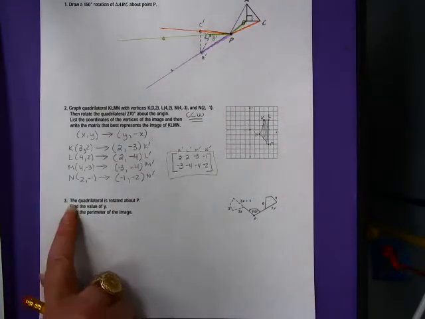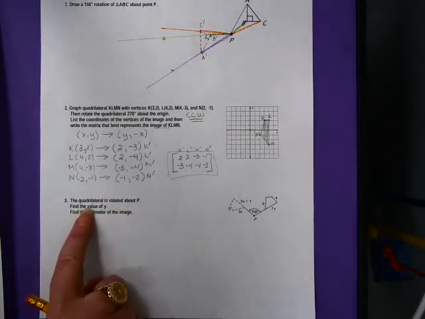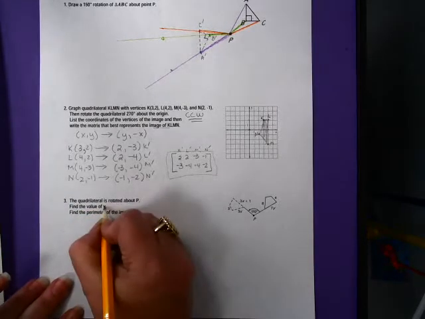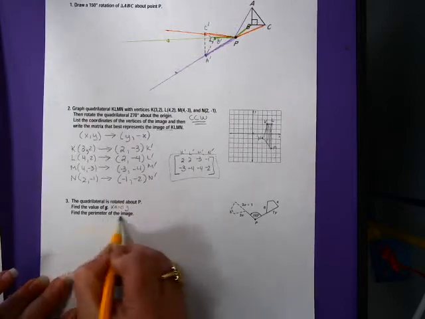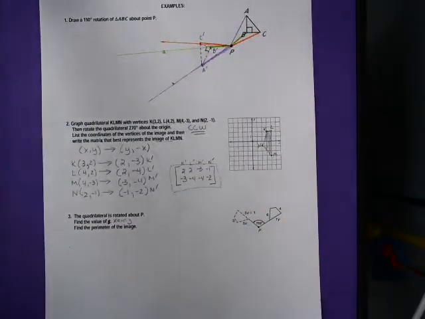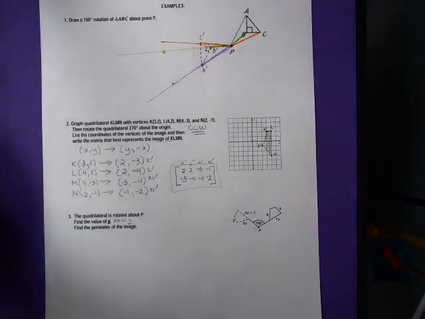Next, I have a quadrilateral that is rotated around P. I need to find the value of, this should say X and Y, so change it, X and Y, then find the perimeter of the image. Of course, I'm going to use color to help me keep track of the sides.